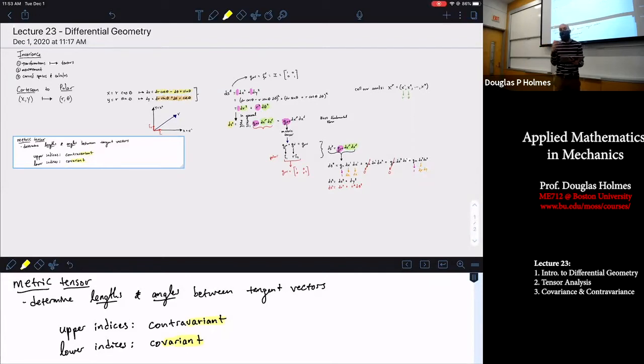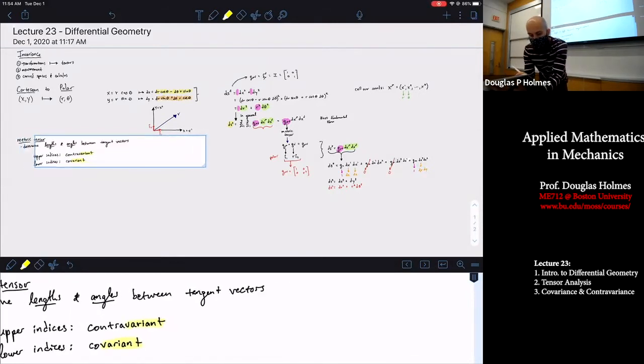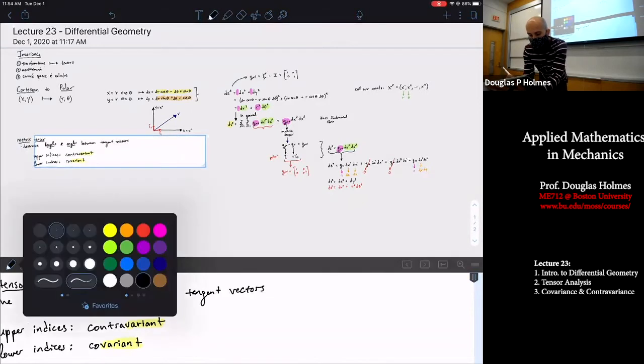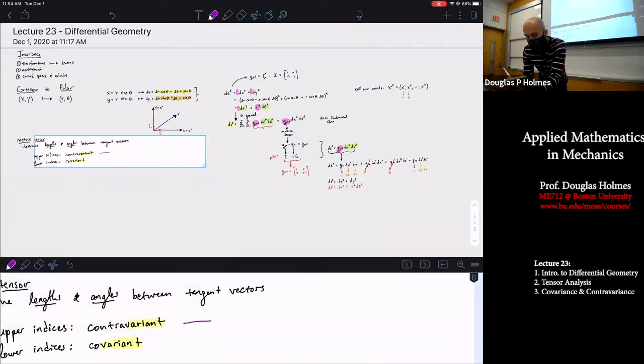And because that number varied in an opposite manner to how we change the way we're measuring it, it went up as our basis went down, we would say that that velocity vector is contravariant. And in general, contravariant vectors typically have length appearing in the numerator.